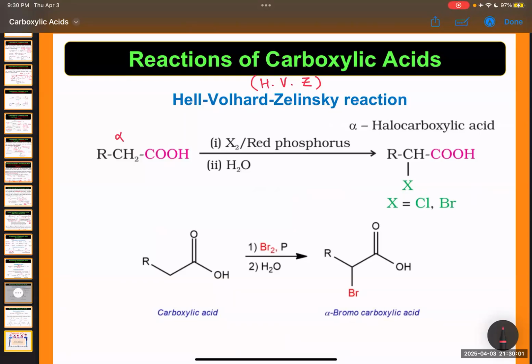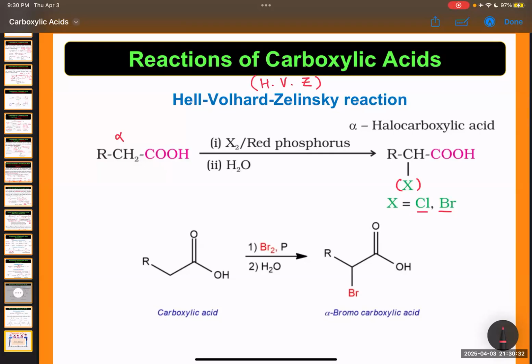You are putting a halogen at the alpha carbon, X2, in the presence of phosphorus and X2. The X is going to come in. This X can be Cl or Br. This X can be converted to other functional groups because Br or Cl can be removed very easily. They are replaceable.